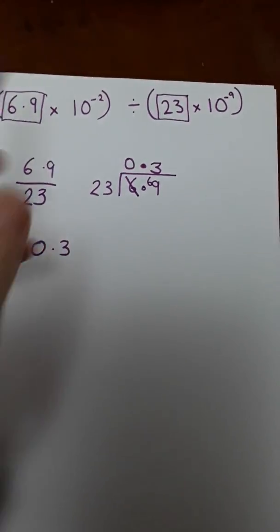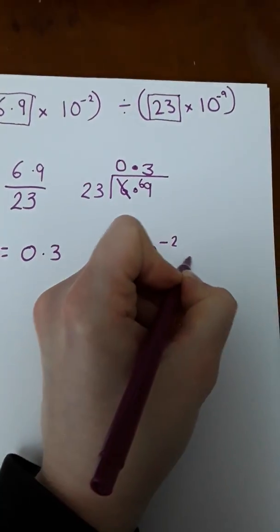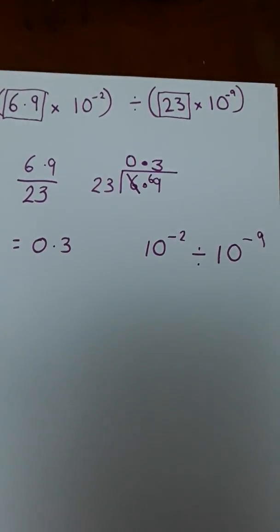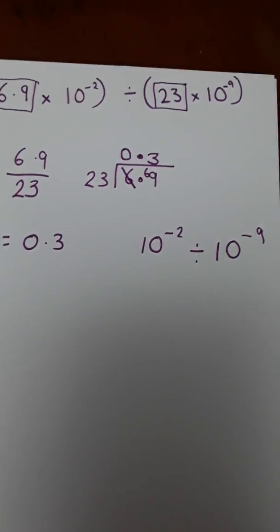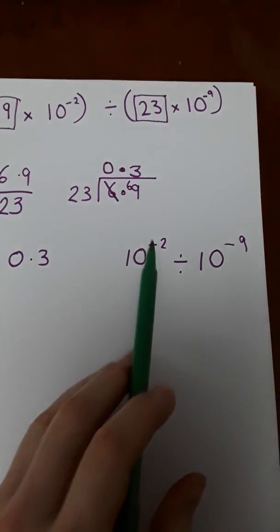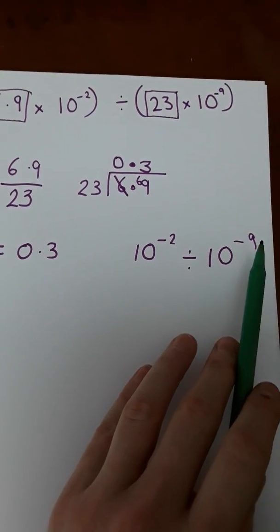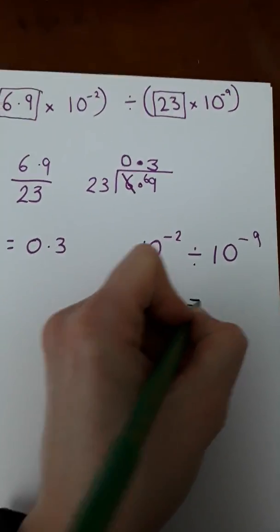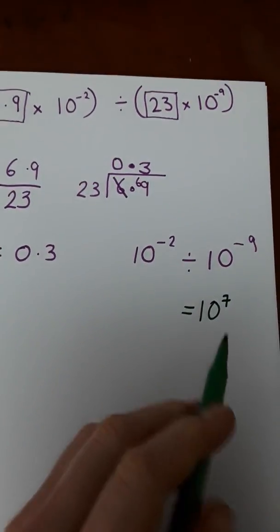Now I have to do 10 to the minus 2 divided by 10 to the minus 9. Now here is where good notation and showing your workings makes a massive difference. People tend to go, oh, minus 2 minus 9 is minus 11, but the answer is actually 10 to the positive 7, and I'm going to show you why now.